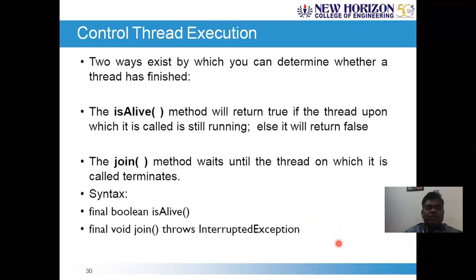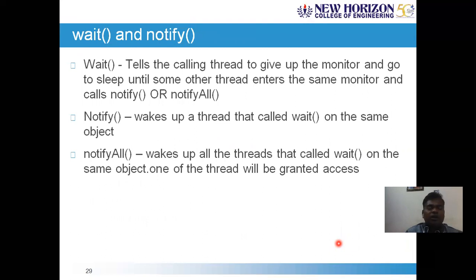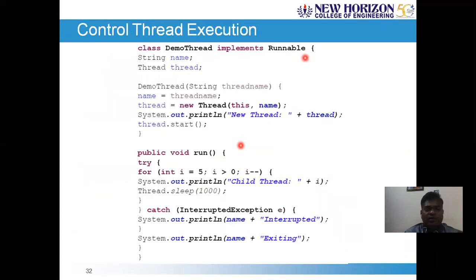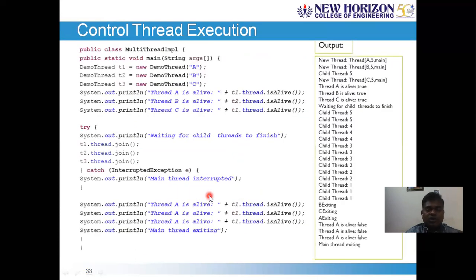We have methods to control threads in Java: isAlive, join, followed by wait, notify, and notifyAll. And the sleep method is also available. We can illustrate concurrency in Java as we are controlling the threads here, creating 3 different threads and introducing a sleep method, and of course it is always mandatory to handle the InterruptedException. So make the thread sleep for 1000 days. So all this process for weeks.